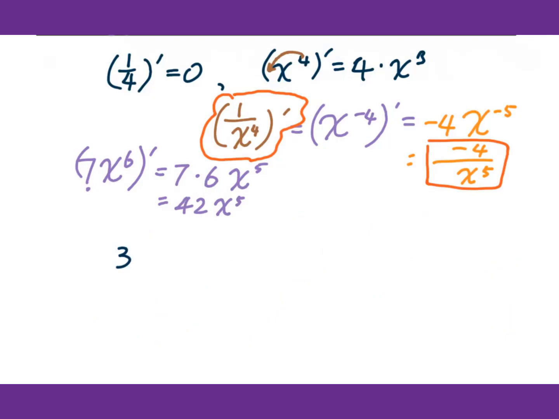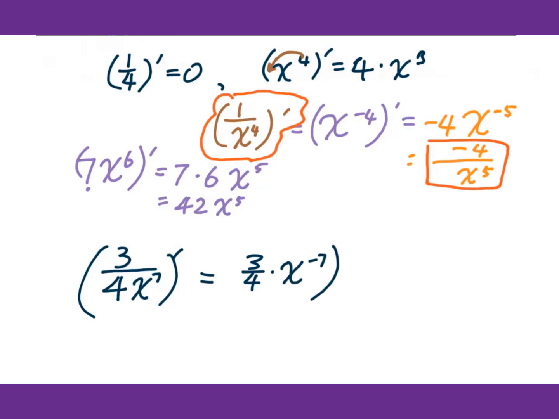If we have 3 over 4x to the 7th power, we will change this into power form. So 3 over 4 times x to the negative 7th power.